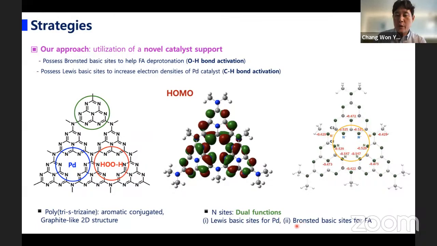And the second role of this nitrogen site is that it can also act as a Bronsted basic site. To dehydrogenate formic acid, the first step is deprotonation. So this nitrogen site can help deprotonate this proton from formic acid. This is what I thought.